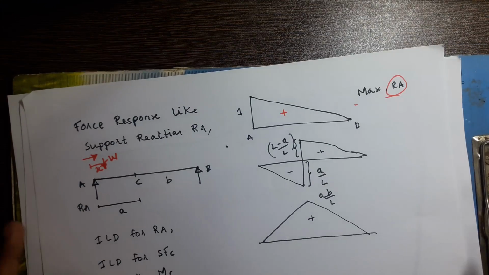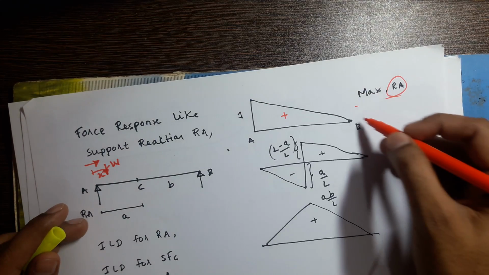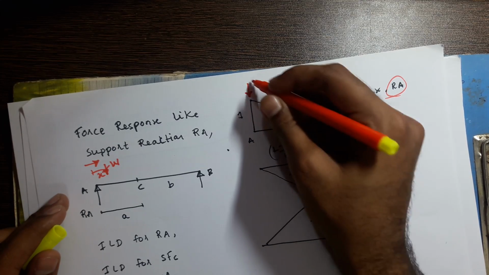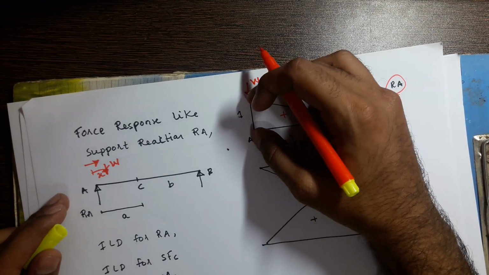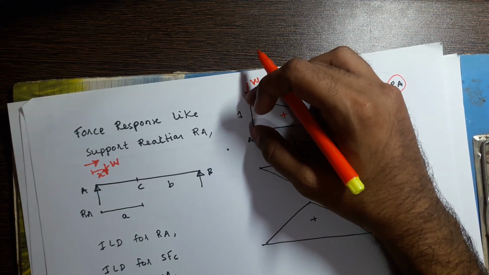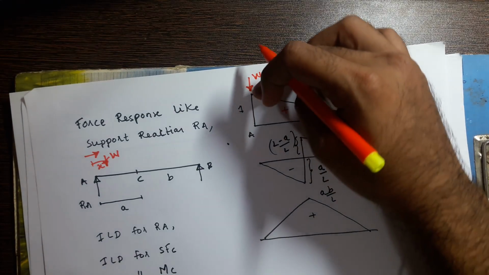Okay, and where we have to place the load, you see from the diagram it is clear that the maximum ordinate is at A. The ordinate at A is 1, and as you go to B it is decreasing.